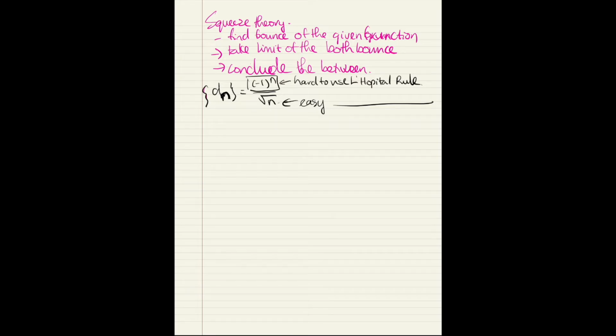And actually, there is a sign for using the squeeze theorem, which is something like minus 1 to the n plus 1, or minus 1 to some n, or minus 1 to the n squared.